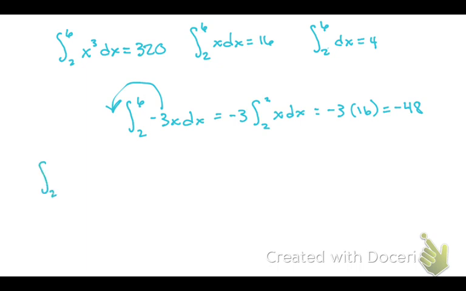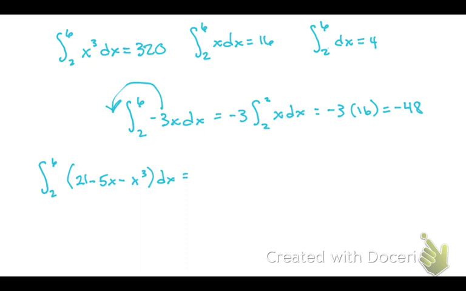So the integral from 2 to 6 of 21 minus 5x minus x cubed dx. What do I need to do with that one? Break it apart.